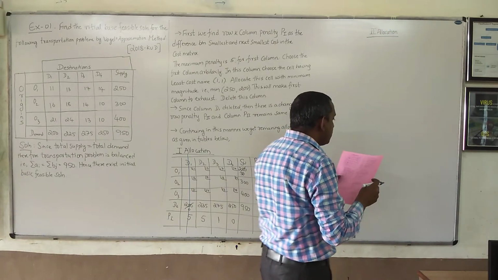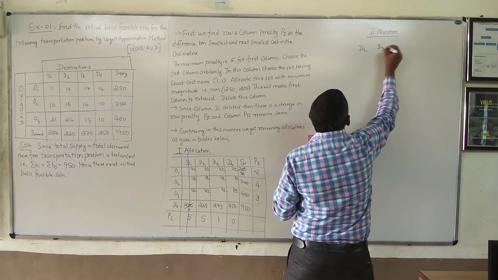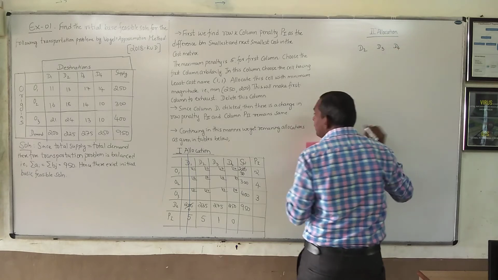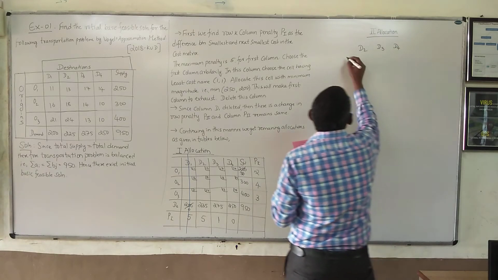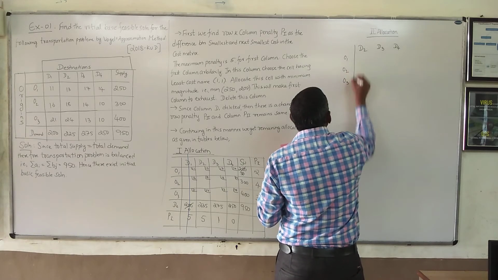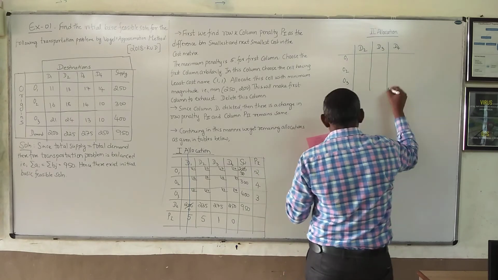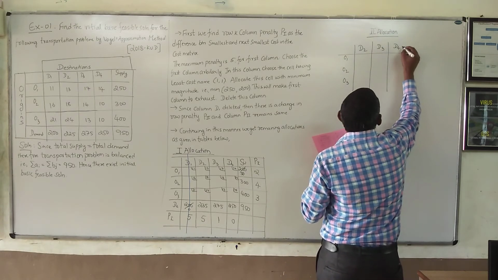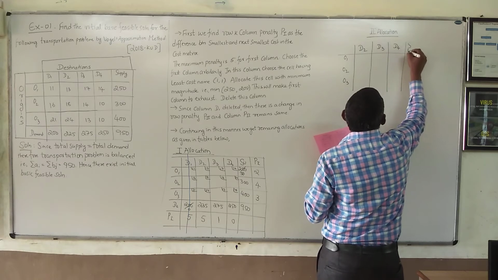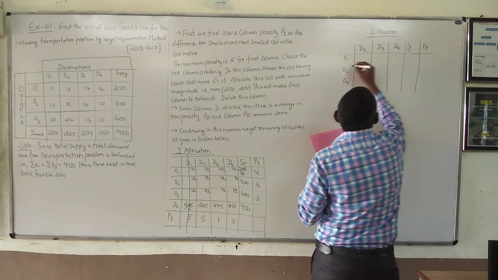In the second allocation, I will take only D2, D3 and D4 because D1 is deleted, whereas O1, O2, O3 will remain the same. Here is supply and here it is P2.